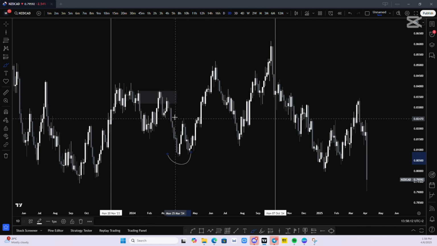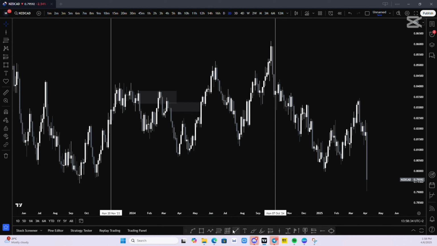Obviously, we are going to maybe look for our selling opportunities here, but unfortunately price violated it. Whenever price violates our supply area, this indicates that our supply areas are coming to an end, and our demand areas are now going to take control.